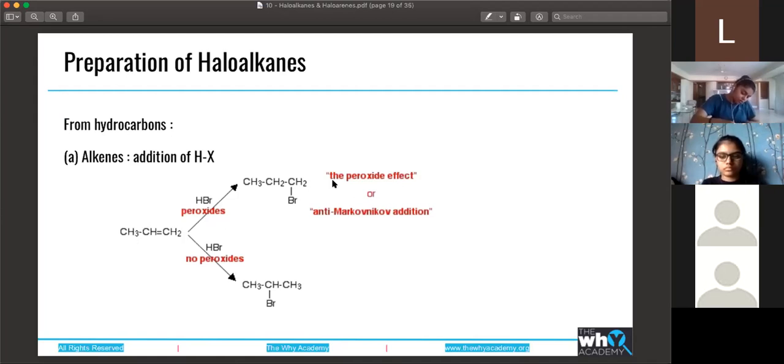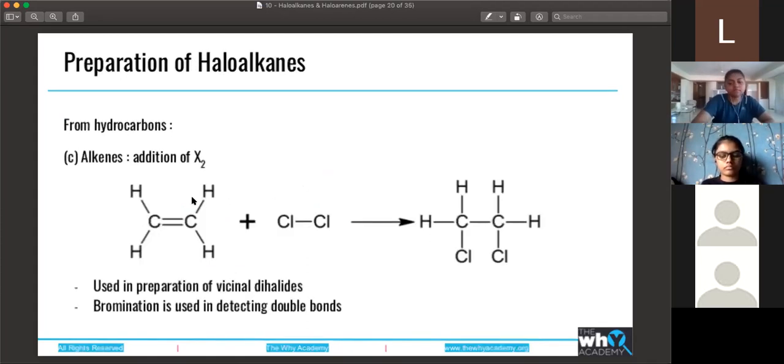The peroxide effect is the opposite of that. It's called the peroxide effect because it happens in the presence of peroxides; the mechanism itself changes. Now, because you're adding to a double bond, you can also prepare dihalides using alkenes.